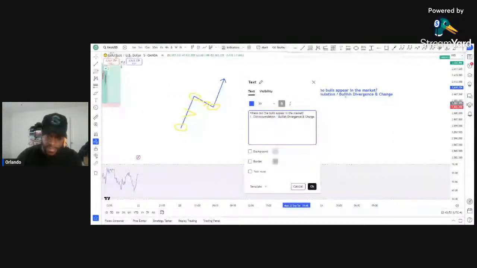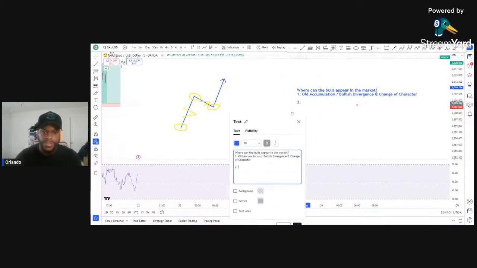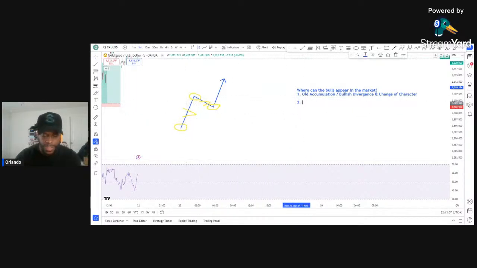Number 2, the bulls can appear off of this bullish triangle, which is called a reaccumulation. So we're going to have what? Reaccumulation, which is also known as a bullish triangle.